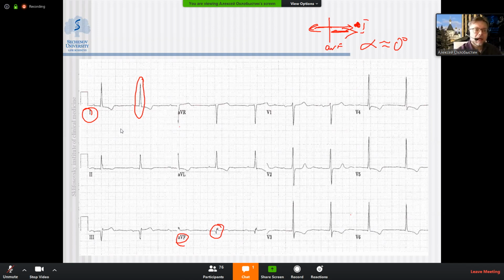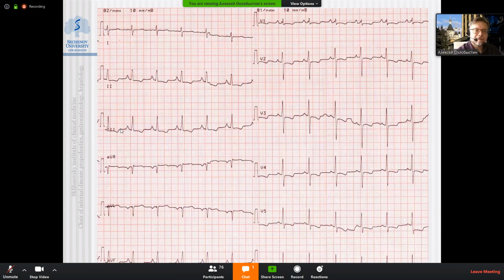Then, again, I think it's more convenient to start with equiphasic complex, and I think that equiphasic in this case is in first chest lead, same amplitude of R and S waves. And it means that, again, let's draw at least first and AVF. It is perpendicular to first.